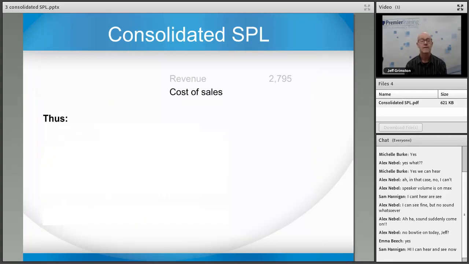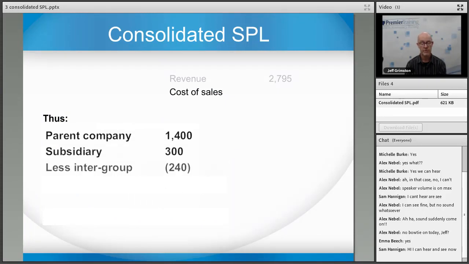Okay, so the working: parent company, 1.4 million, subsidiary 300, minus the total of the intergroup sales, plus the adjustment for unrealized profit, because we are subtracting a lower cost, a lower closing inventory to make cost of sales.